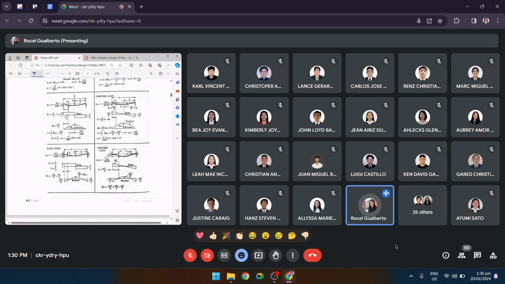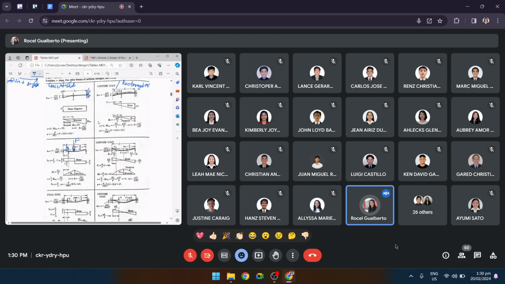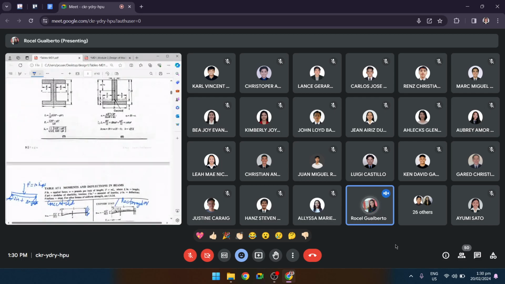You have here the load applied F exactly at the center, and then we have the entire length. You divide the length into 2: L over 2, and the other one is L over 2 also. So, this is similar to ours.